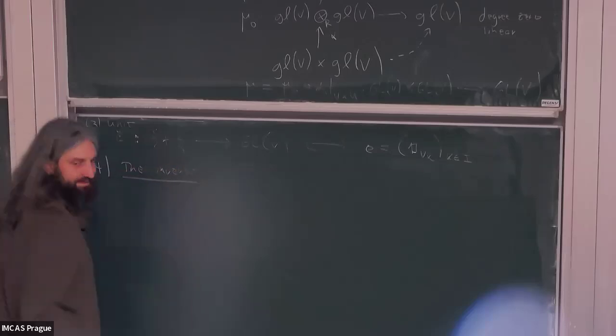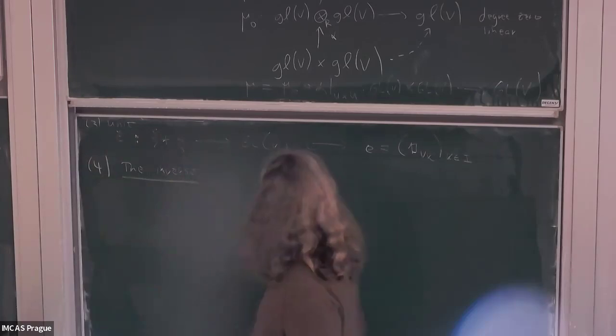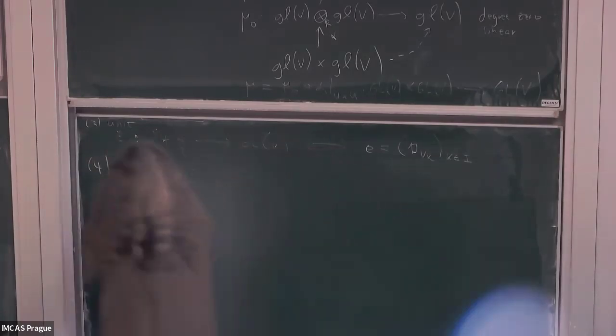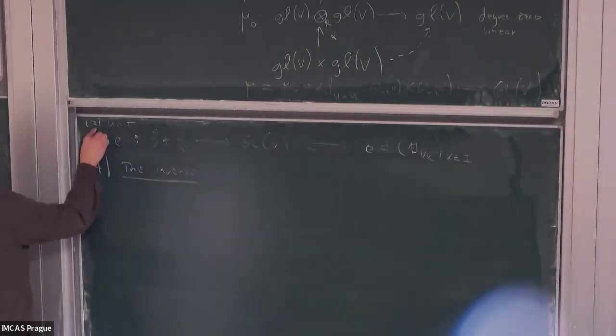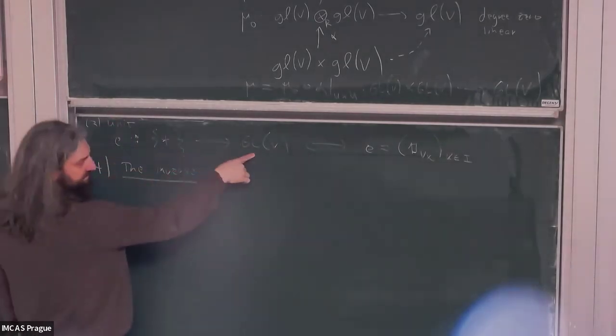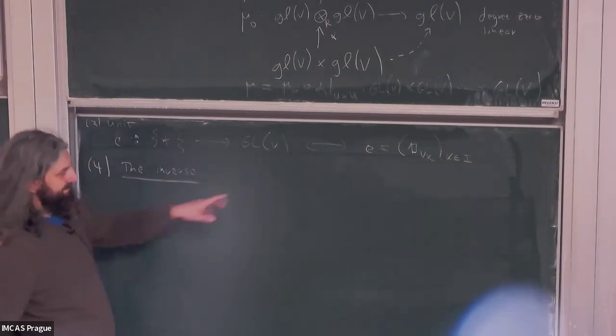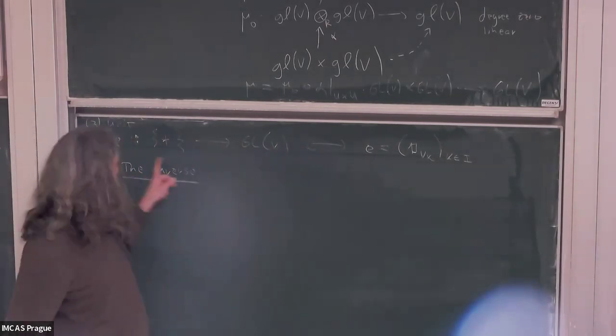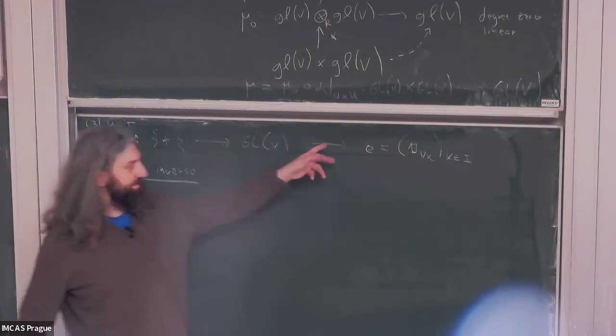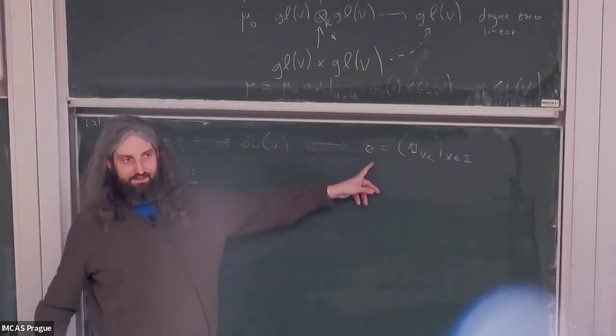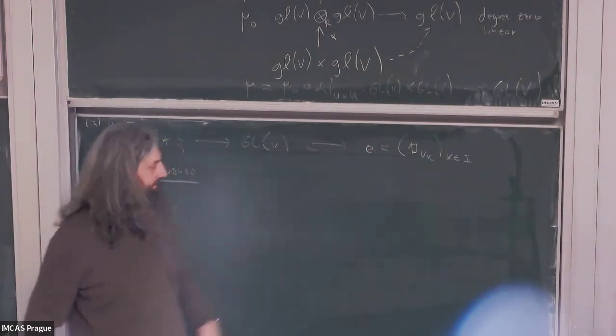Sorry, this is E unit. And this is E from the 1-point manifolds to GLV. And the choice of the map from terminal objects is just the choice of the point in the underlying manifold.